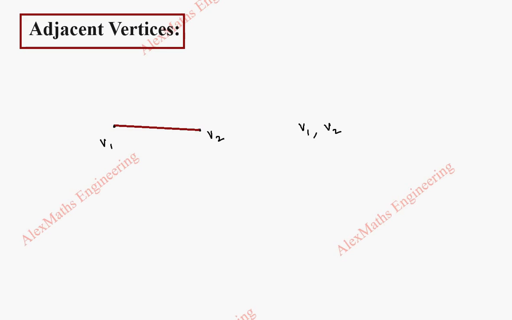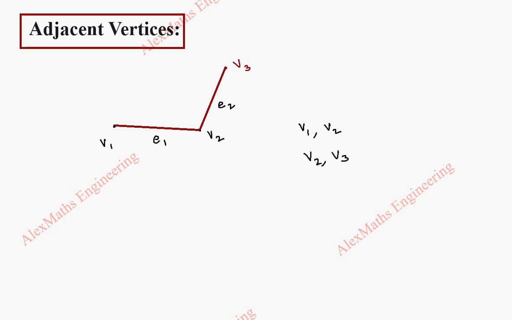In the same way, if I have another vertex V3 here which is connected by an edge, suppose this is edge E1, this is edge E2. Now V2 and V3 are connected by the edge E2. So we can say the pair V2, V3 are adjacent vertices.